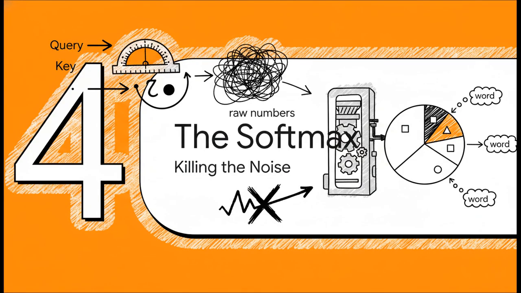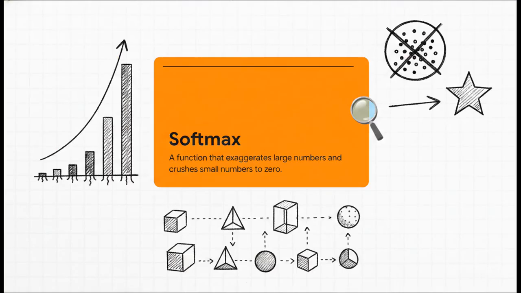Next up, the machine has to make sense of all these overlapping connections using the softmax filter. So the crucial point is that after measuring the exact physical angle between the query and the key using our dot product, the machine generates a raw alignment score for every single word. But these raw numbers, they're noisy, they're messy. To achieve absolute clarity, we have to apply a sophisticated mathematical filter called softmax.